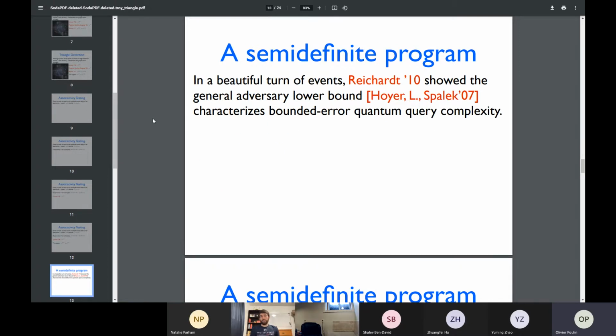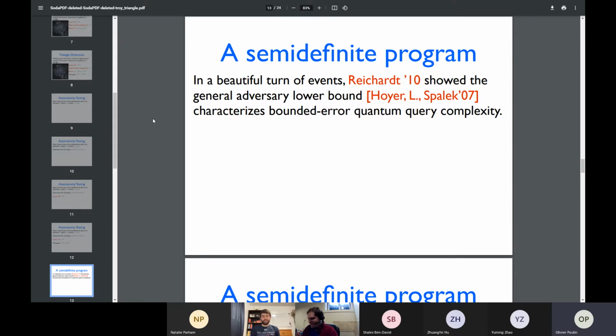So what prompted them to have this improvement over these previous algorithms? Well, Reichardt in 2010 showed that the general adversary bound, which was formerly just a lower bound technique for quantum query complexity, is also an upper bound technique, which means that it characterizes bounded error quantum query complexity.